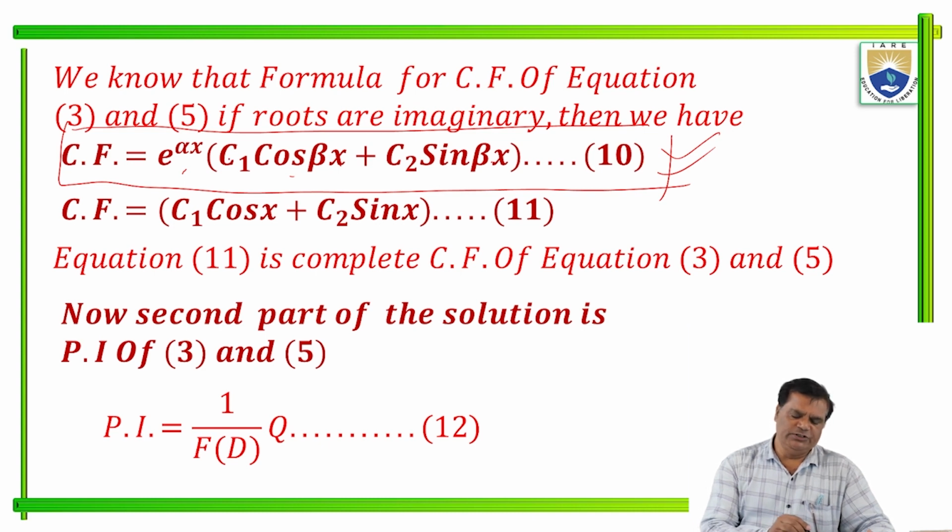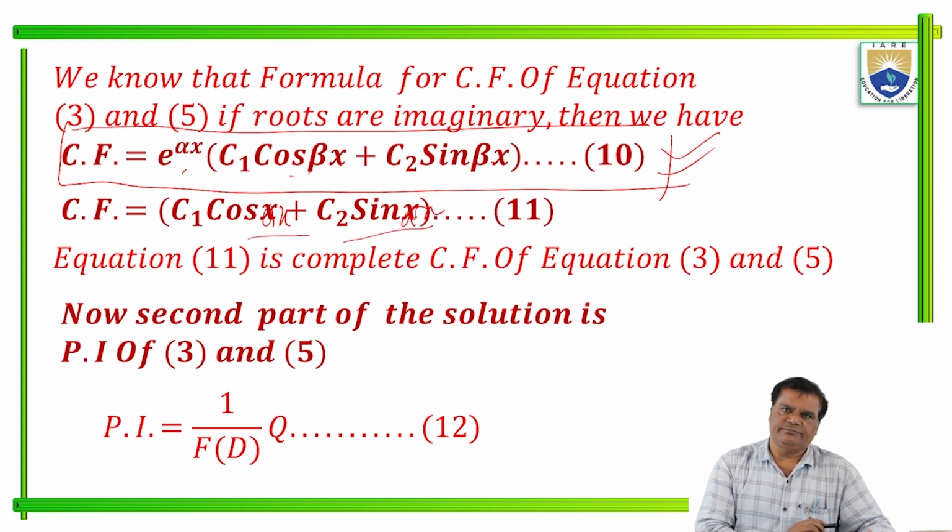Here alpha is 0 and beta is a. So the answer is c1 cos ax plus c2 sin ax. There is a printing mistake of a here, it should be ax. So this is equation 11. Now equation 11 is the complete CF of equations 3 and 5.